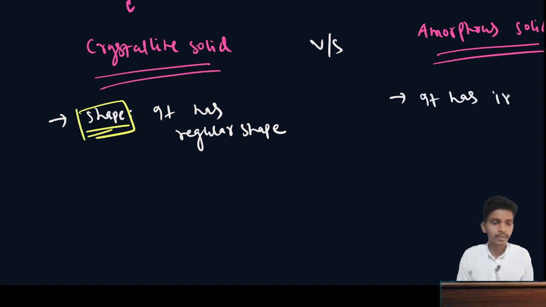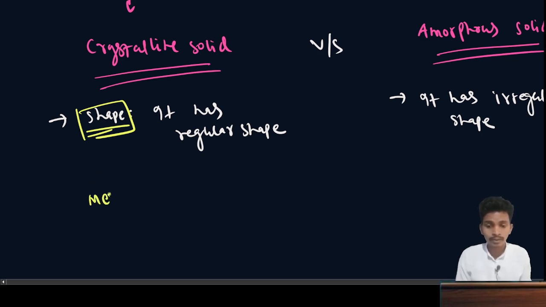On which other basis can we distinguish? The second basis is melting point.